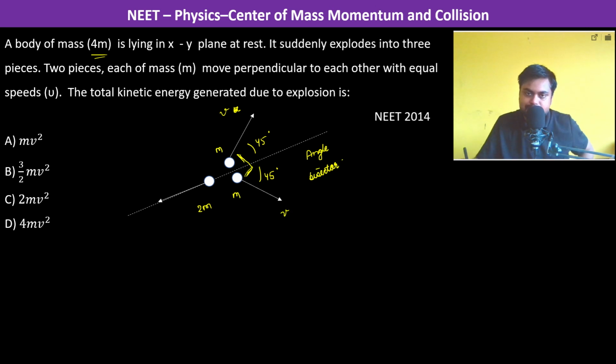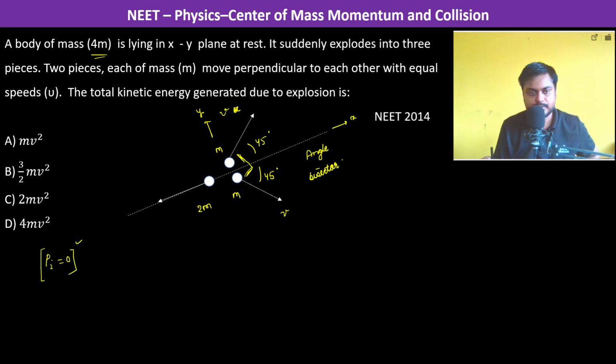So now let us take this as the x direction, this as the y direction. Since initially it was at rest, the initial momentum is going to be 0 in both x and y direction. Now the final momentum also has to be 0 in both x and y direction.